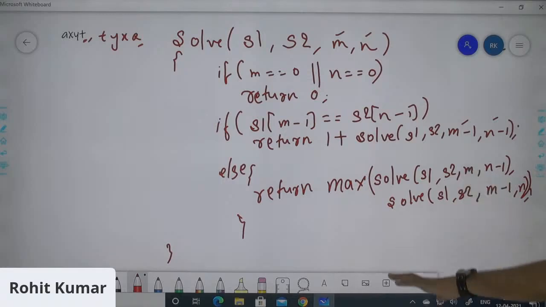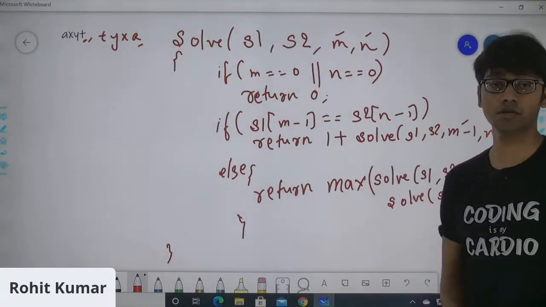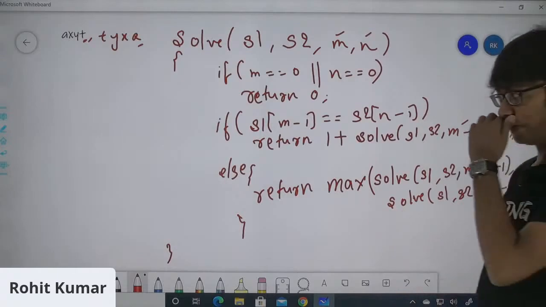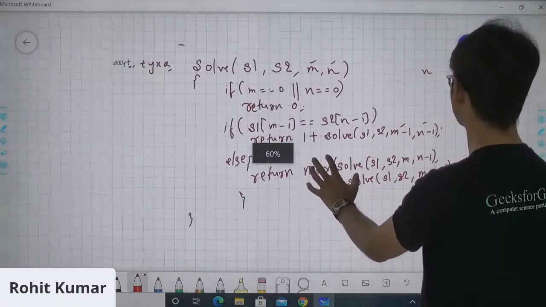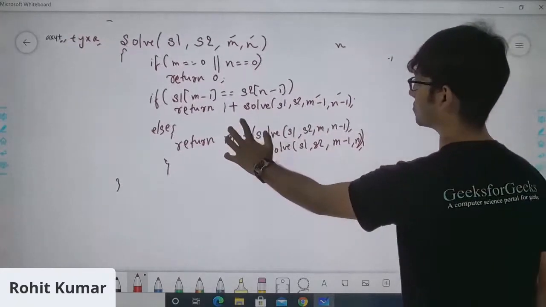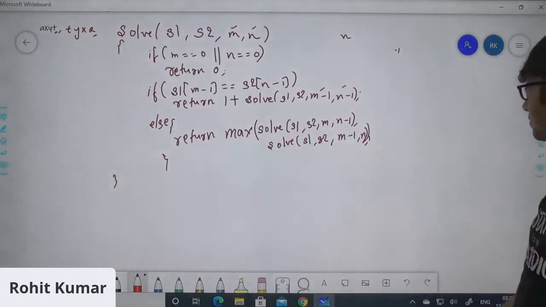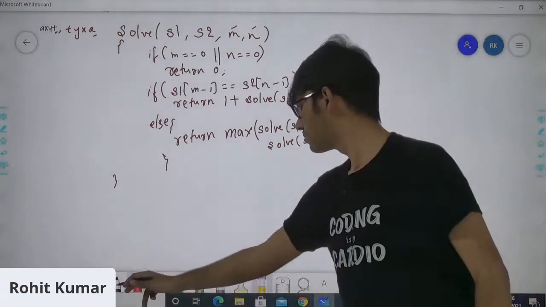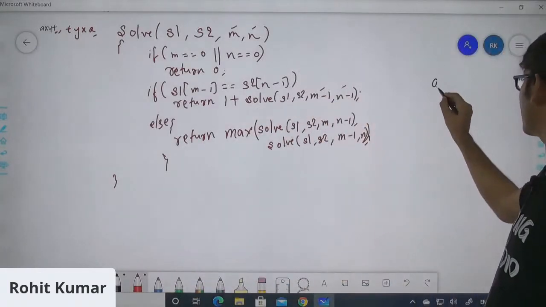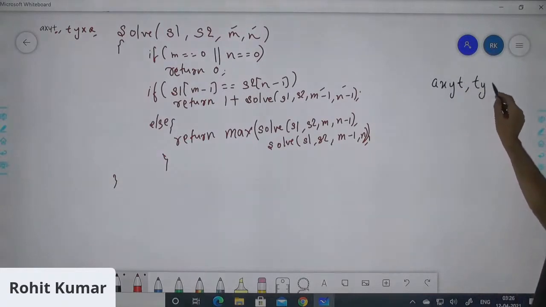Now, for this recursive solution, let's draw the tree and try to understand how we can reduce the 2 to the power n subsequence calls. Okay, so let me just zoom this out a bit. Let's take this string axyt. What will be its reverse? tyxa, right?